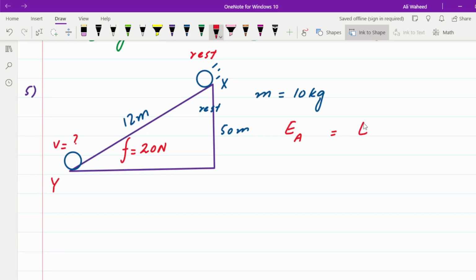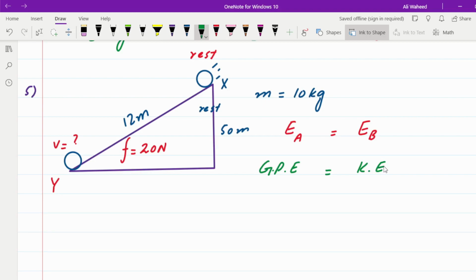Now what is the energy at A? It would be the gravitational potential energy. And what is the energy at B? That equals the kinetic energy. Now in this case, these two are not equal.